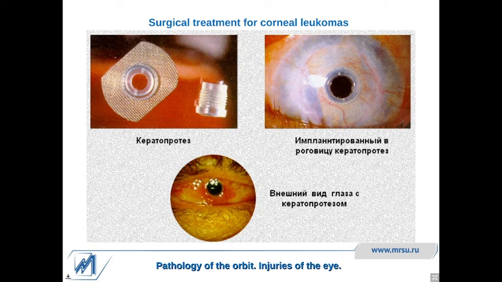Because of this effect, we need to use specific equipment named keratoprosthesis. Keratoprosthesis is a device which we can put inside the corneal leucoma, and in the central part of this device there is a transparent lens which can give the burnt eye the chance to see, to have good visual acuity, but with a narrowed visual field due to the only 4 millimeters diameter of the optical part of the keratoprosthesis.